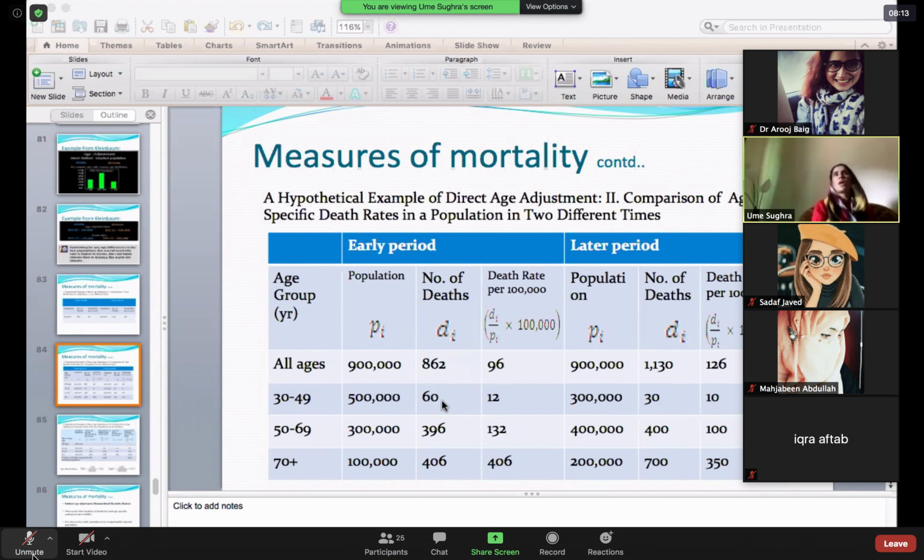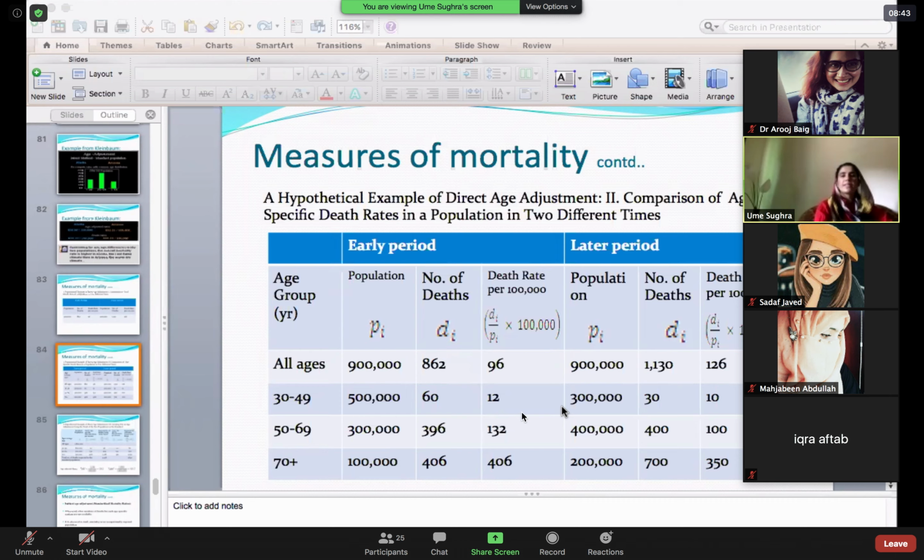What could be the total number of deaths that we could expect to occur in this population of 800,000 if they followed this death pattern of 60? Because right now, the observed number of deaths is 60. These deaths are observed in a population of 500,000. How many deaths would have occurred if we had a population of 800,000? Got it?